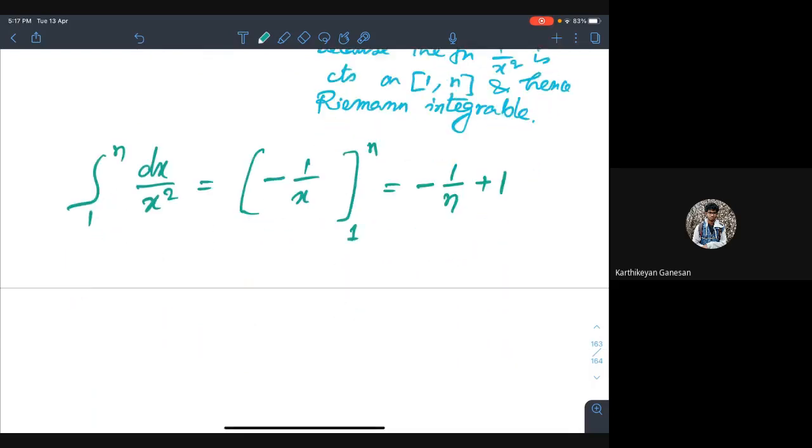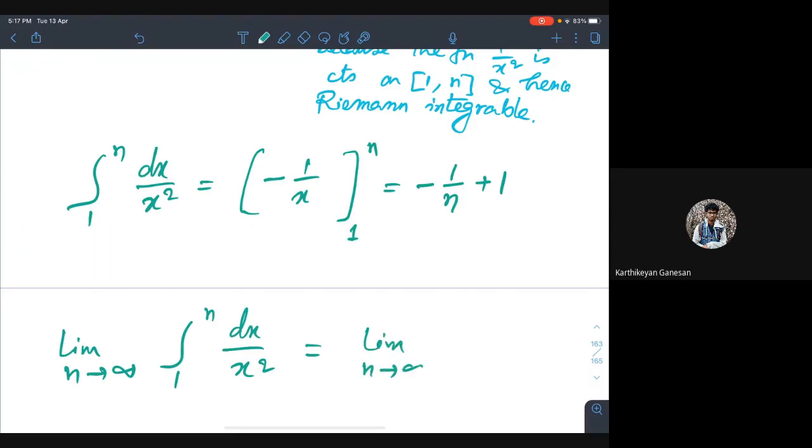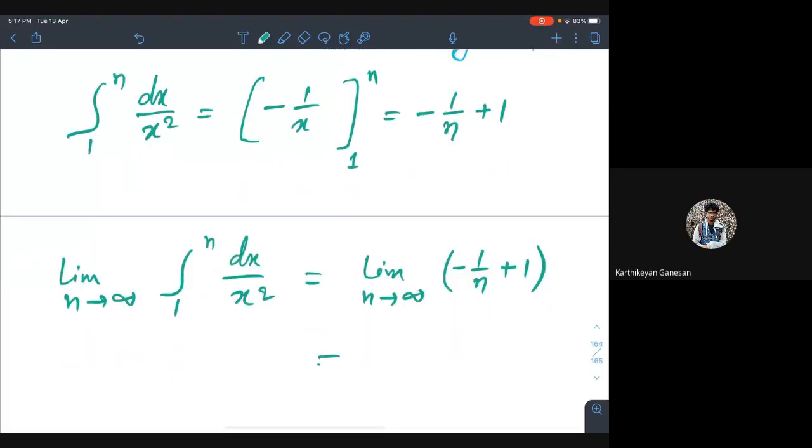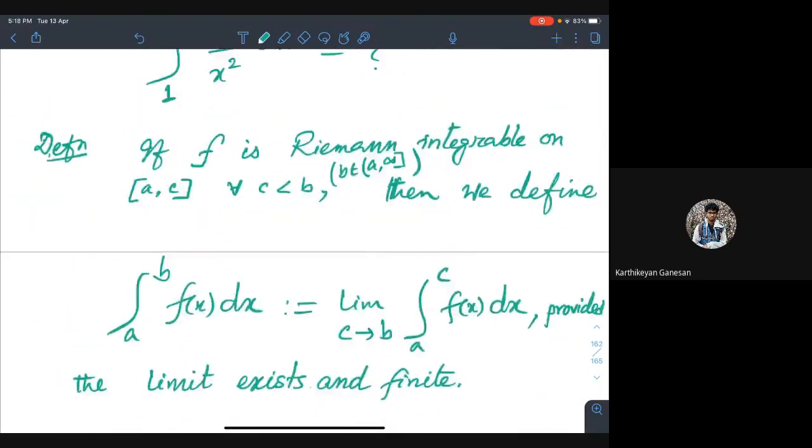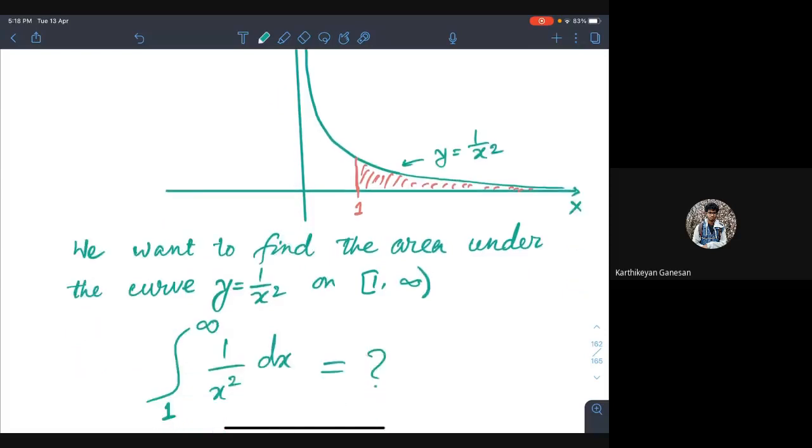So now you take limit, n tends to infinity, minus 1 over n plus 1. So this 1 over n goes to 0. So this becomes 1, right? So this area becomes 1.